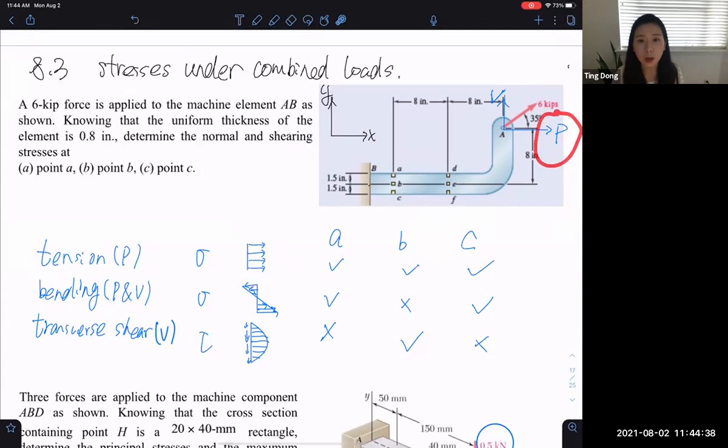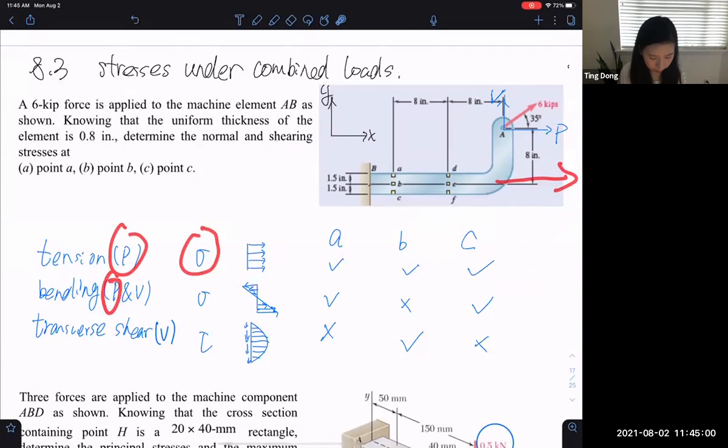So this one causes bending, and it also causes tension, right? So tension, normal stress sigma, and bending.